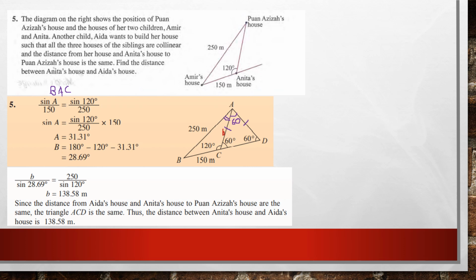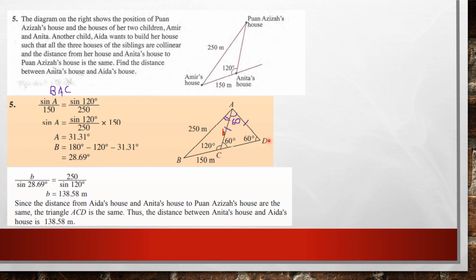So b over sine 28.69, that's angle B, equals 250 over sine 120, the pair that we know. So we know b is 138.58. The question asks for the distance between Anita's house and Aida's house.